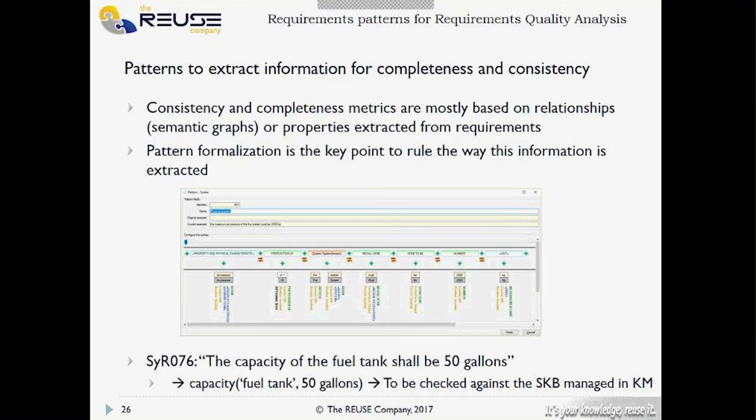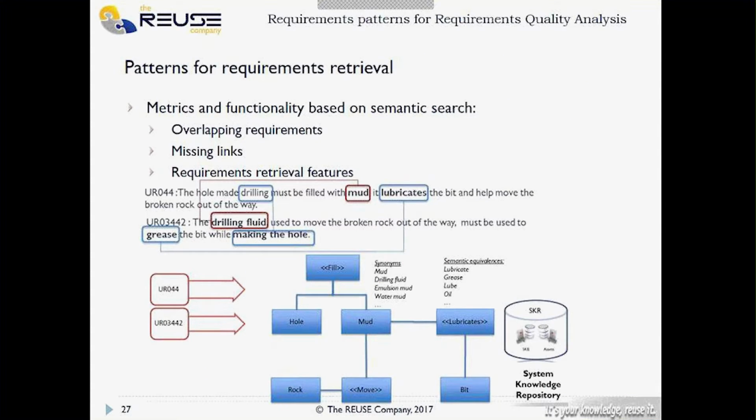So if you come up with the requirement, the capacity of fuel tank shall be 50 gallons, then by means of a pattern, we will be capable of extracting the property capacity of fuel tank equals 50 gallons, and of course, then we will be capable of checking this against the system knowledge base, just as another consistency metric, right?